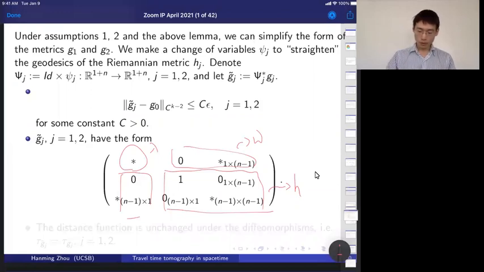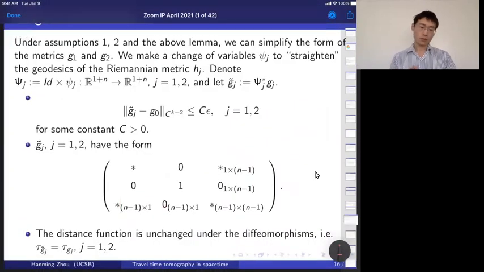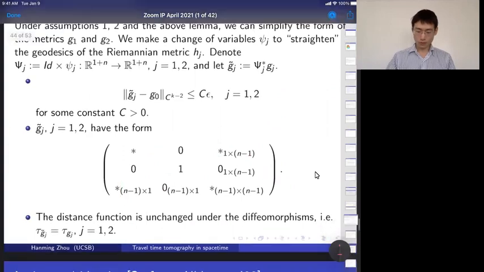If G tilde 1 equals G tilde 2 under this distance function assumption, then since G tilde 1 is a pullback of G1 and G tilde 2 is a pullback of G2, this automatically gives us that G2 is a pullback of G1. Also, this diffeomorphism preserves the distance.